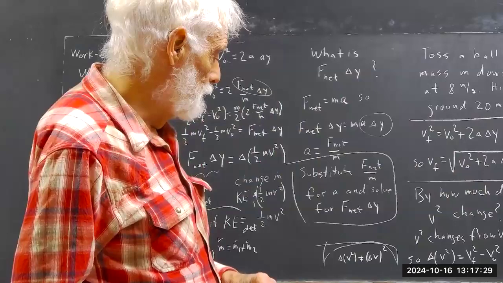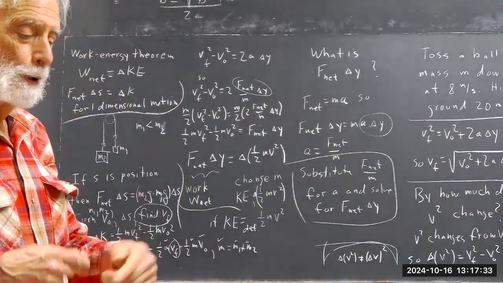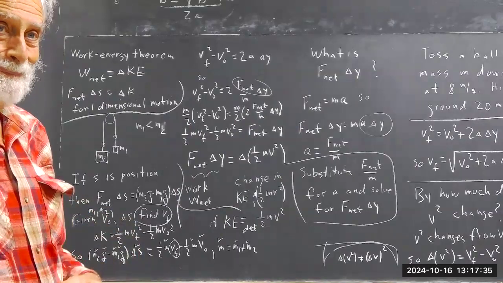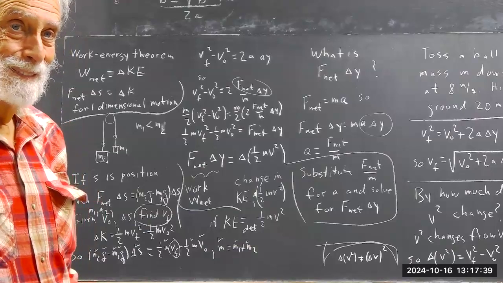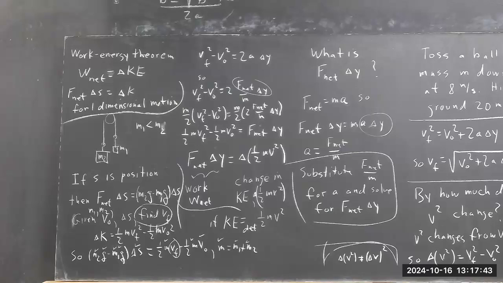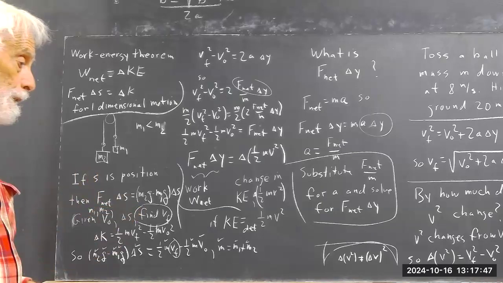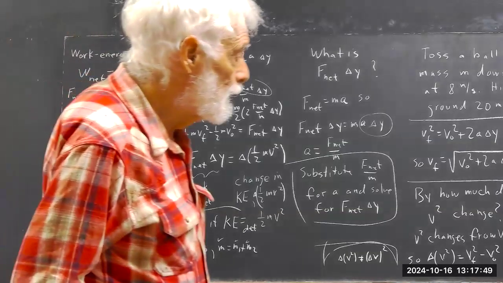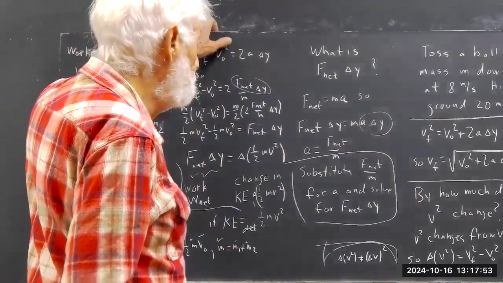There's a complication with the ball on the incline, because the ball itself has particles that are moving rotationally. They suck up some of the energy. We'll get to that later. Don't worry about it right now. So it's a very simple consequence of what we already know about uniformly accelerated motion.